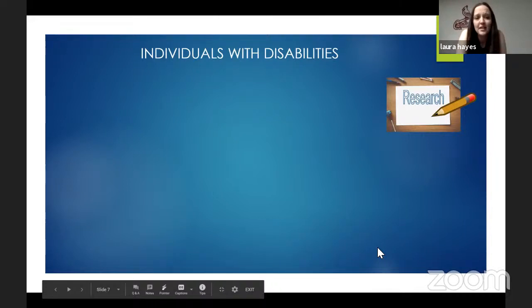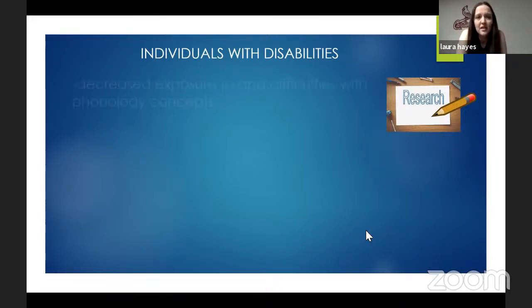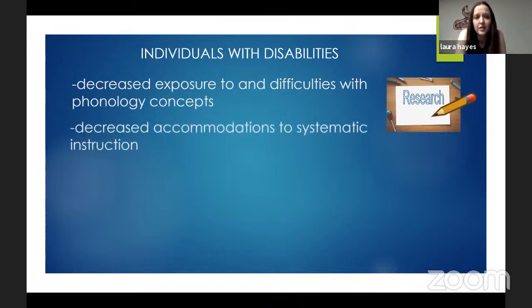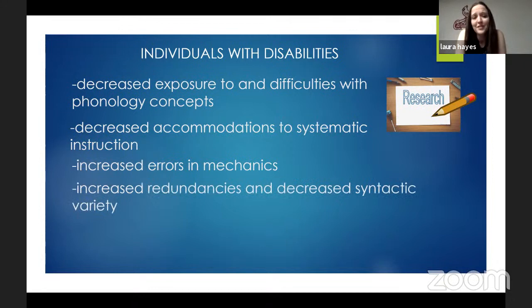But what we find is that individuals with disabilities struggle with some of these areas because we know from research that they have decreased exposure to and difficulties with phonology concepts. They have decreased accommodations to systematic instruction. They have increased error in mechanics of writing. They have increased redundancies and decreased syntactic variety.